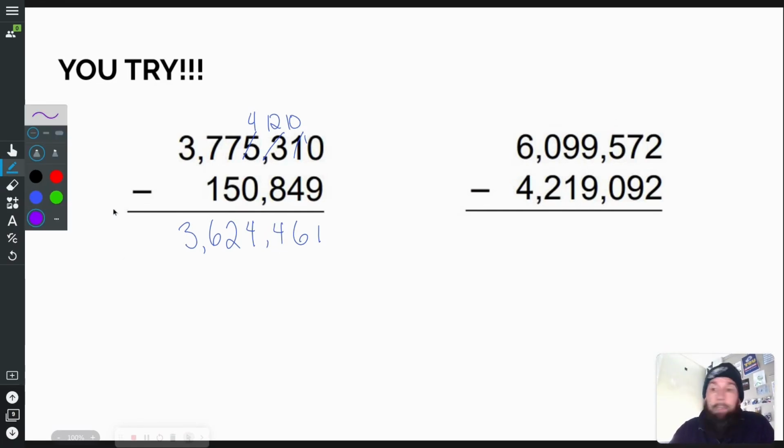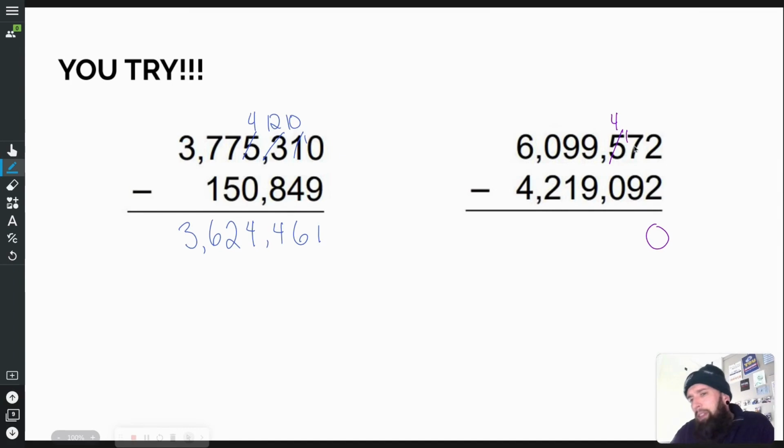All right. 2 minus 2, no biggie. 7 minus 9, biggie. Borrow from 5, make you a 4. 17 minus 9 is 8. Think about that one for a second. 4 minus 0 is 4. 9 minus 9 is 0. 9 minus 1 is 8. 0 minus 2 can't do it.